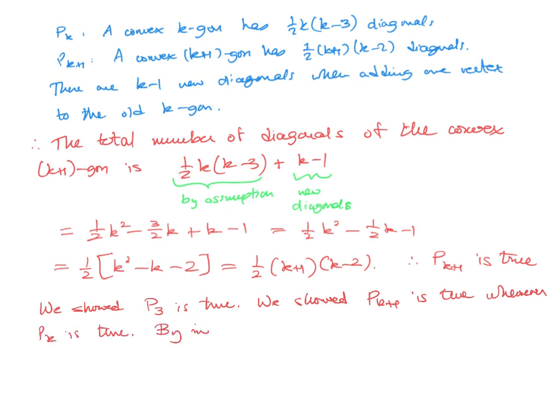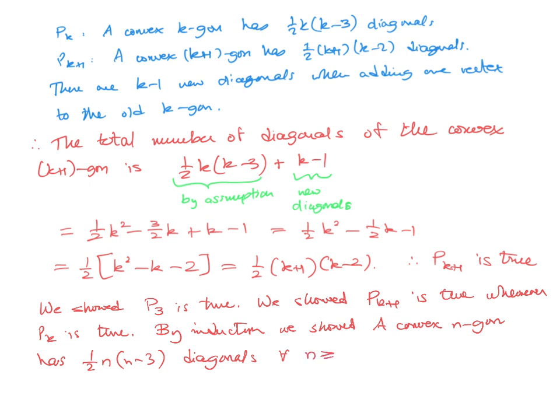By induction, we showed a convex n-gon has 1/2 n(n minus 3) diagonals for all n greater than or equal to 3. And that is the end of the proof, and that is the end of the lesson.